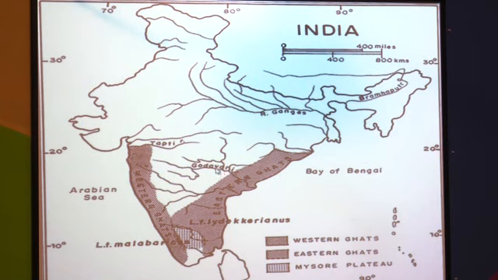So students, be clear on the location of the Western Ghat near the western coastal plain area and the Eastern Ghats near the eastern coastal plain area, and these two are the boundary of the peninsular plateau. The peninsular plateau is triangular in shape, spread in between all these surrounding mountains.